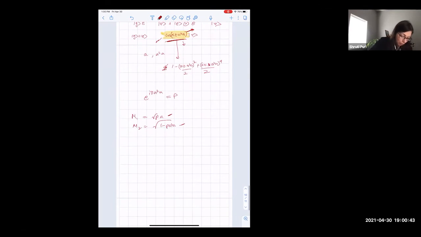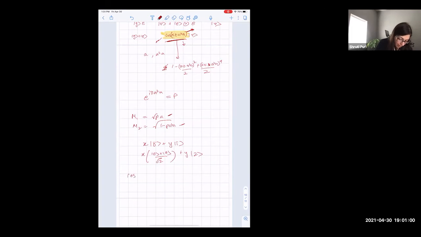So let me tell you how. Suppose you have a superposition state x 0 bar plus y 1 bar, where your 0 bar is (0 plus 4) over square root of 2, and 1 bar is Fock state 2.